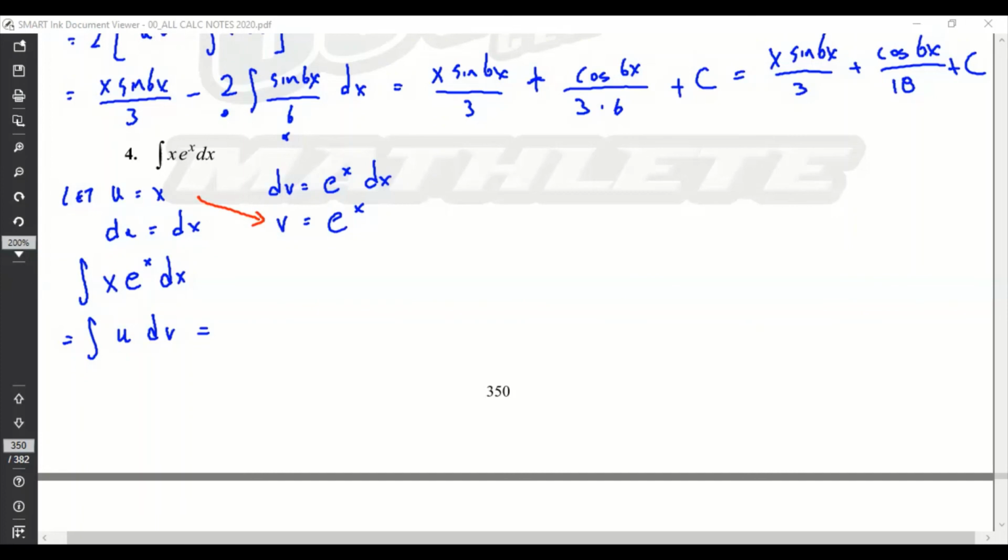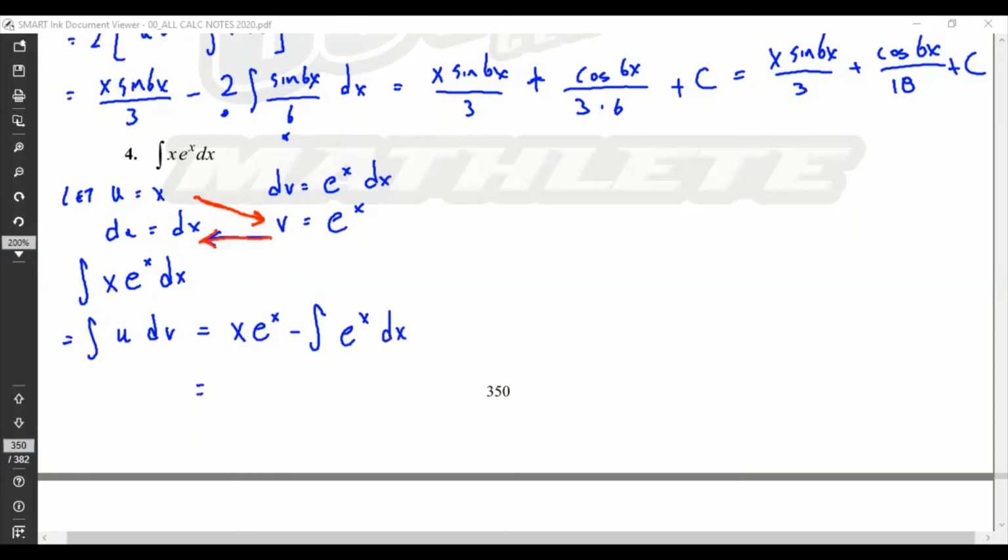And so u times v is going to be our first term. So this ends up being x times e to the x, and then minus the integral of, and it's just going to be those two, v times du. So this ends up being the integral of e to the x dx.